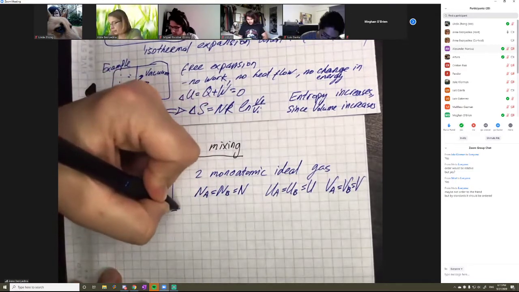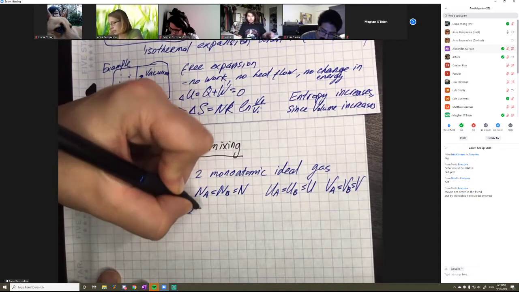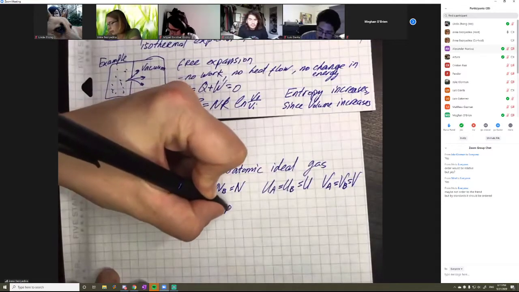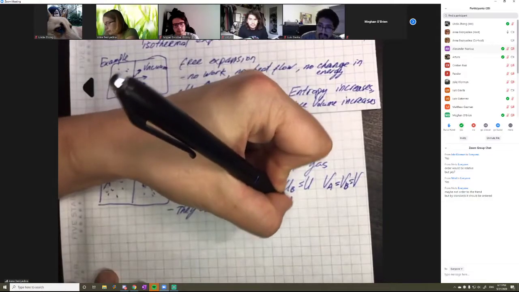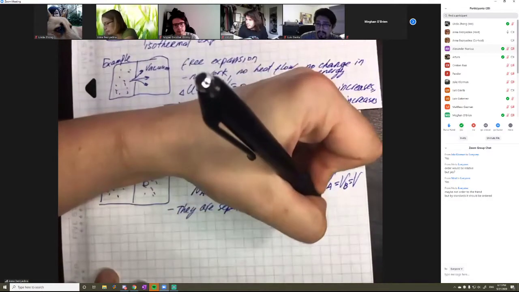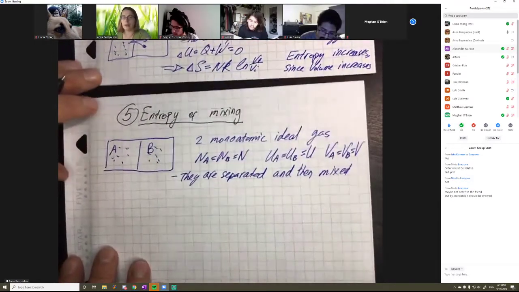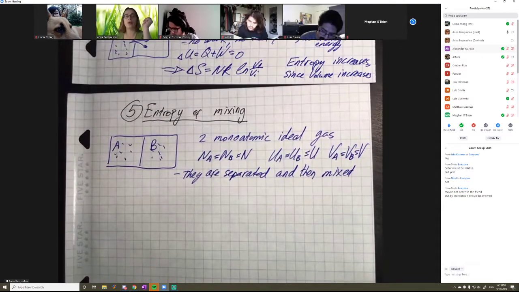So they are separated, and then mixed. We'll look at what will happen after they mix. If we have gas A and gas B and we remove the barrier, what will happen with gas A?